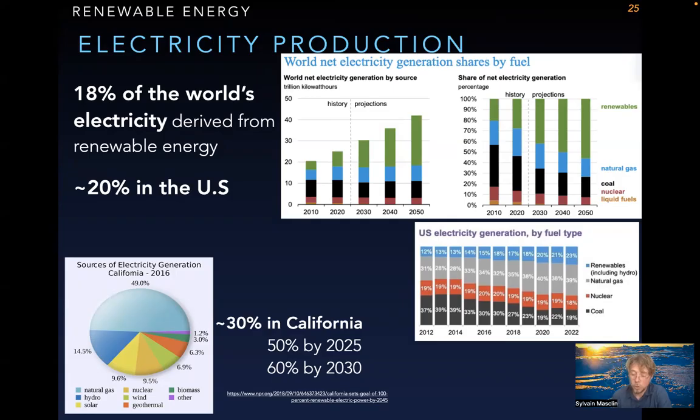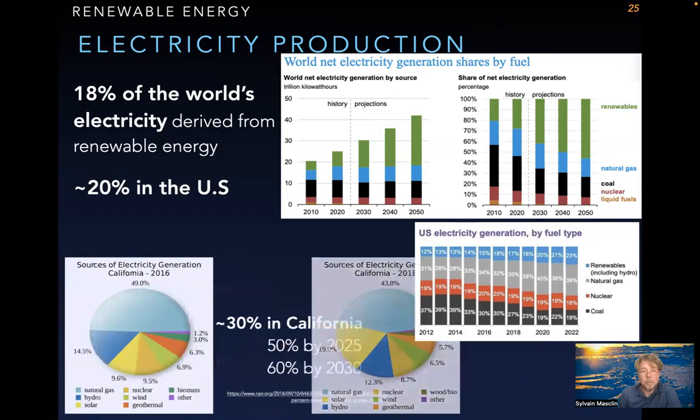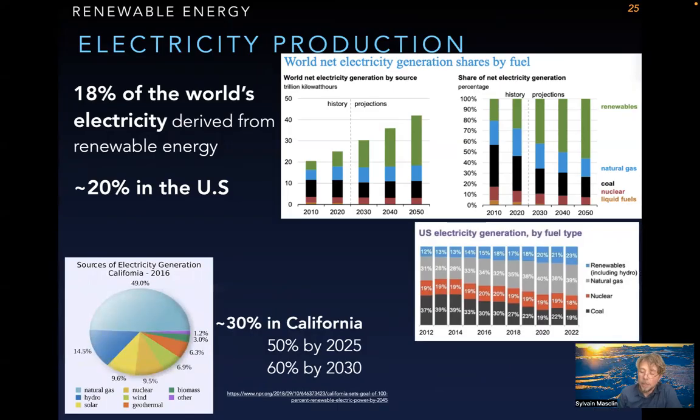So there is a huge motivation for California to be one of the examples in the US, but also in the world, of generating electricity majorly from renewable energy resources. That was, in fact, I forgot to mention, from 2016, and you can see 2018.